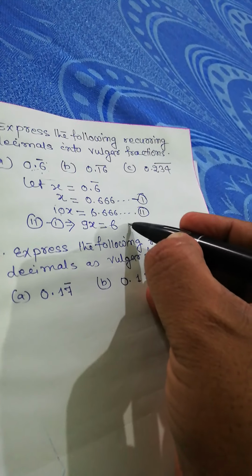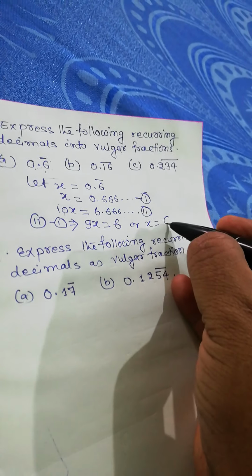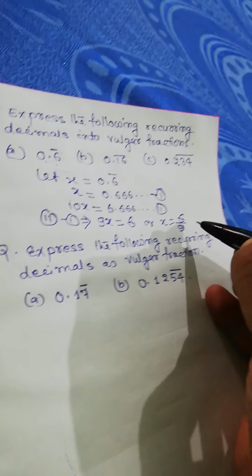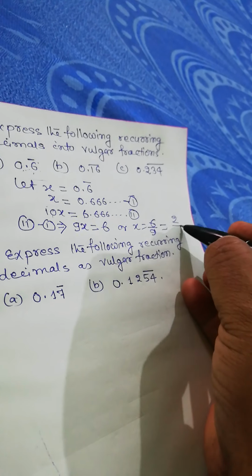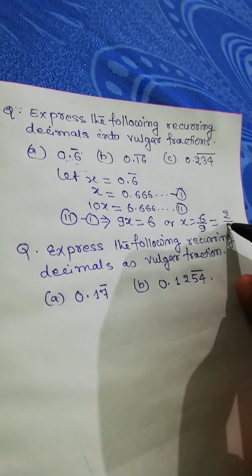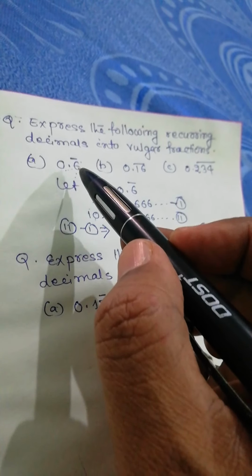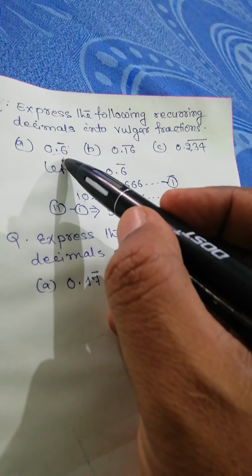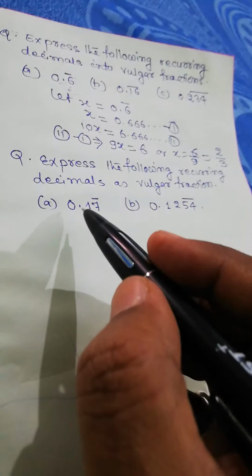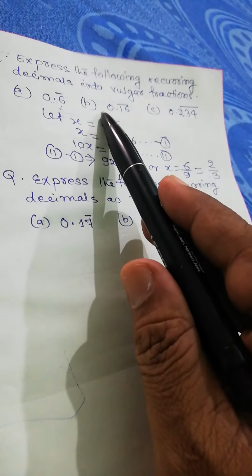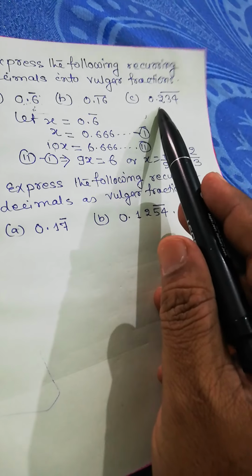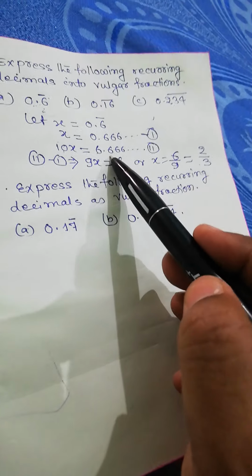So x is equal to 6 by 9, which can be expressed as 2 by 3. Like this, we can change recurring decimals into rational numbers or vulgar fractions. Similarly, you can solve B and C, that is 0.16 dash and 0.234 dash, by the same method.